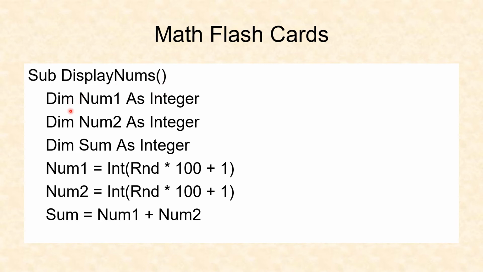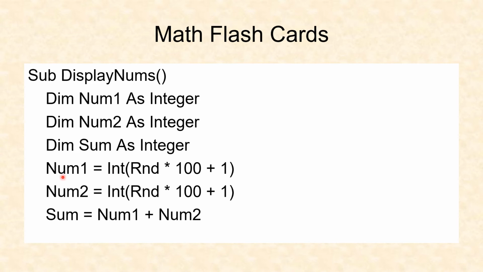And then we're going to dim, or in other words, create 3 different variables. I'm going to create dim num1 as integer, num2 as integer, and sum as integer. And we already saw I could have said, to consolidate this, dim num1, comma, num2, comma, sum as integer. Put them all on one line if I chose.